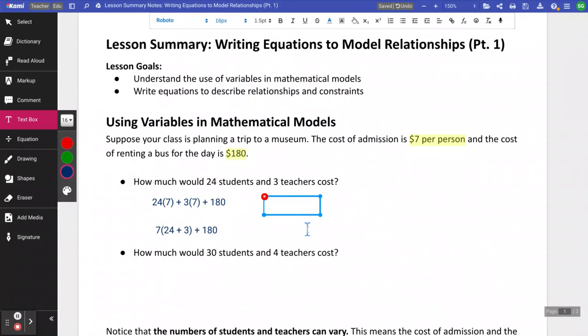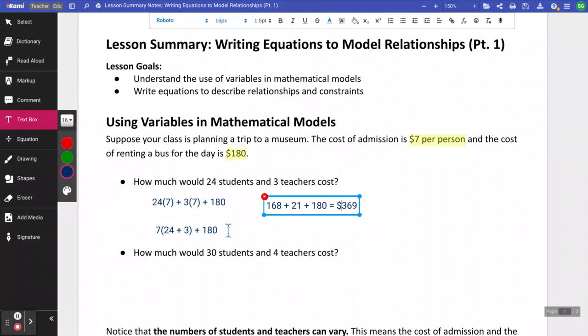Either of these expressions, when you go to do that multiplication, 24 times 7 is going to be 168, plus 3 times 7, that's 21, plus 180. All of that would add up to give us $369.